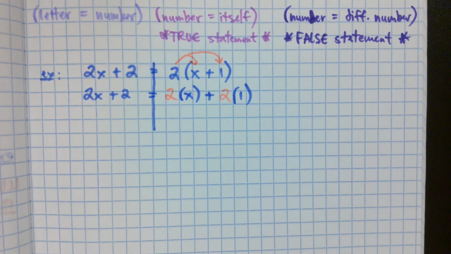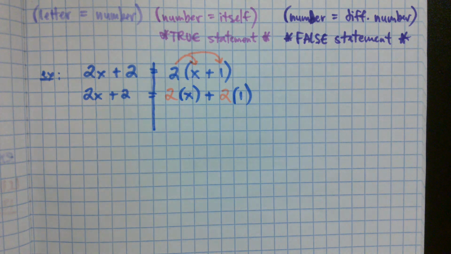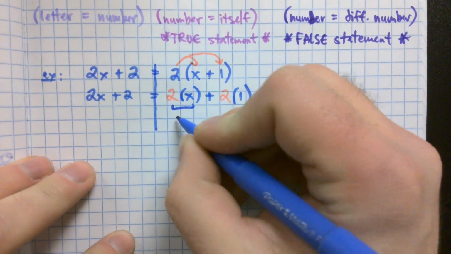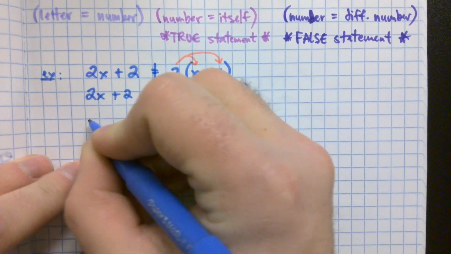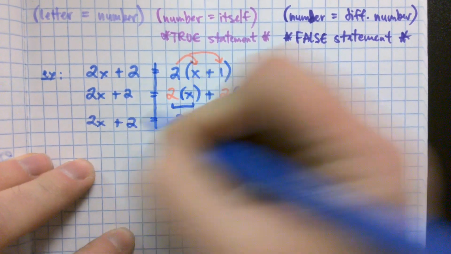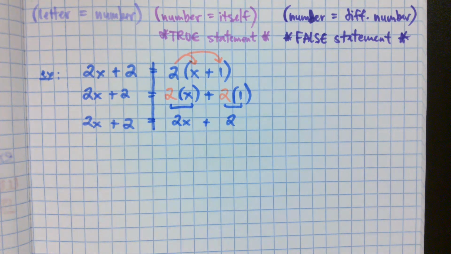What we ended last week with, if you remember, our distributive property on Thursday. What is 2 times x? 2x. What is 2 times 1? 2. So what we have now is 2x plus 2 equals 2x plus 2. Interesting.